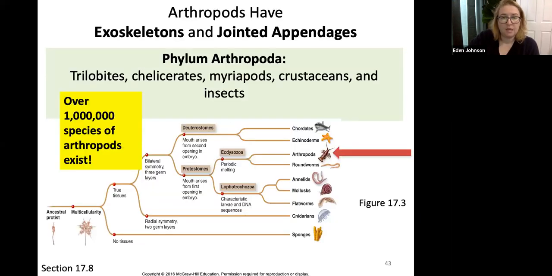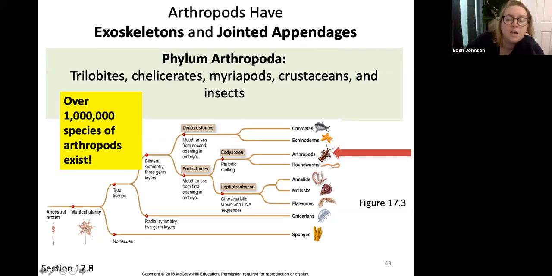Now, we're past annelids. We're not discussing roundworms. Now we're going to talk about arthropods. Arthropods are awesome. So arthropods, you've got exoskeletons and jointed appendages.